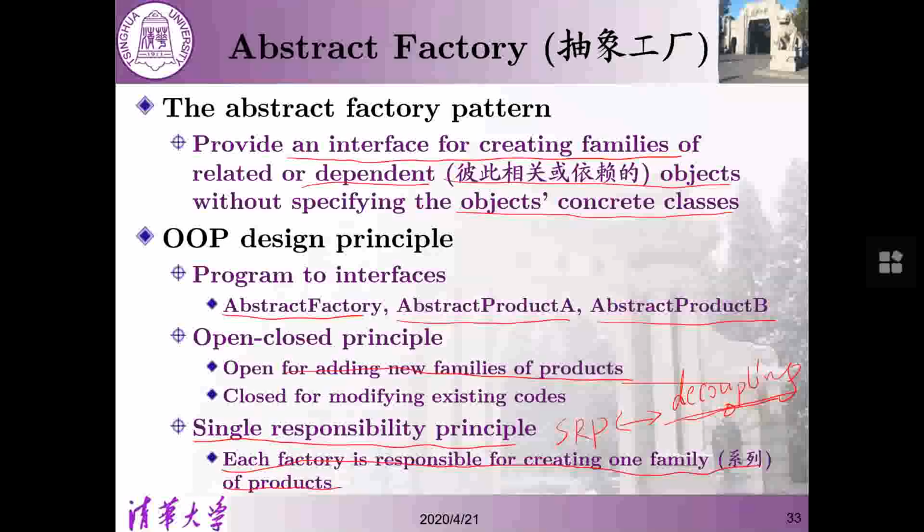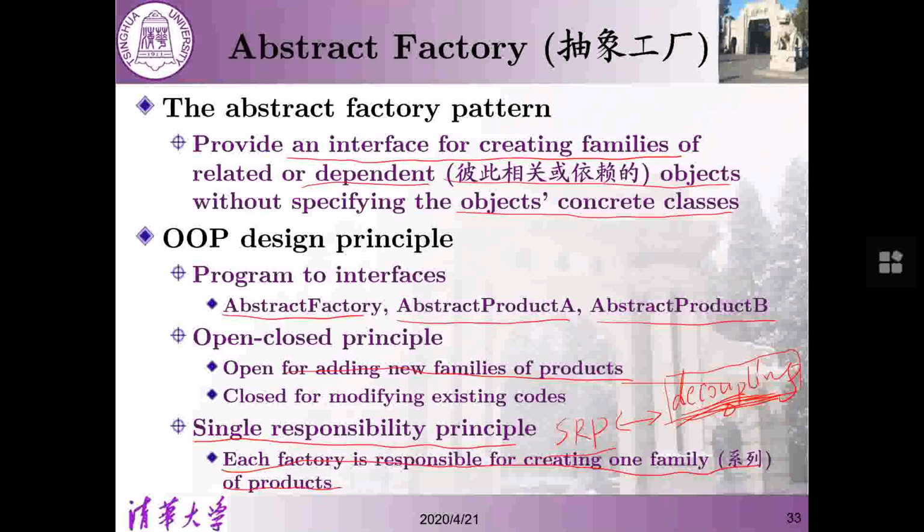For example, we need to decouple those that change over time from those that do not change, right? We already did that in previous examples for sell pizza and manufacture pizza. Those two functions should be decoupled, right? Then whenever we need to create a new pizza, we just modify the corresponding part. We do not need to modify sell pizza, right? Like that. So the single responsibility principle is related to decoupling different tasks.